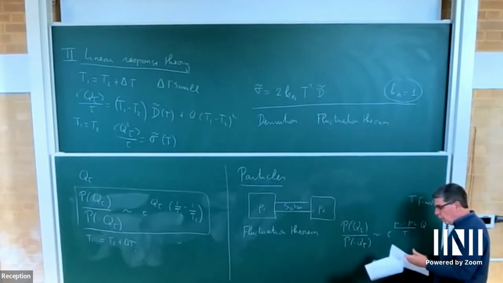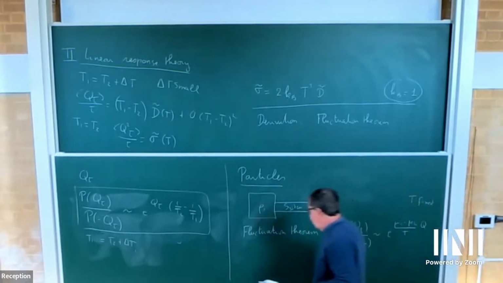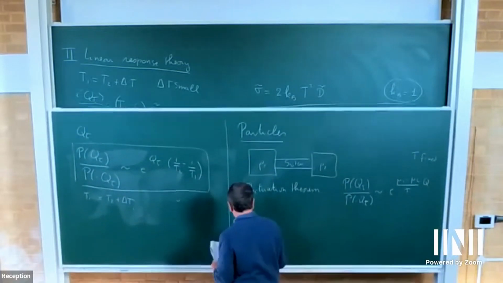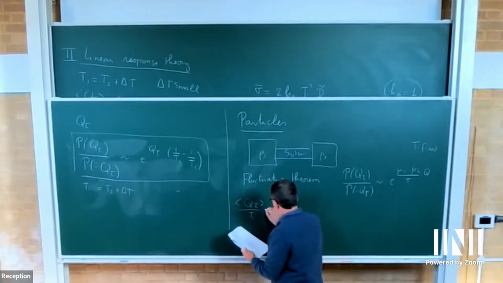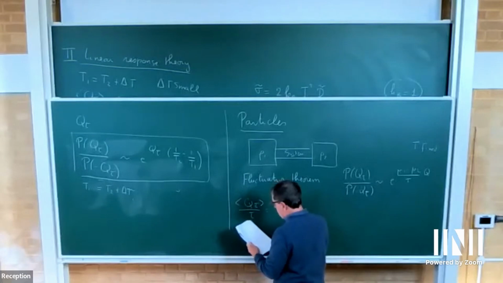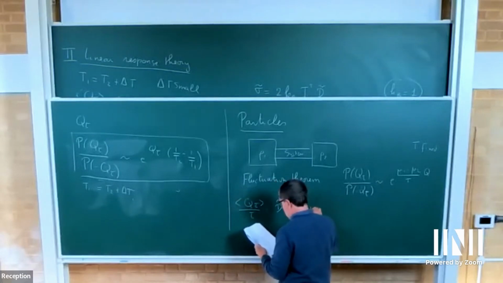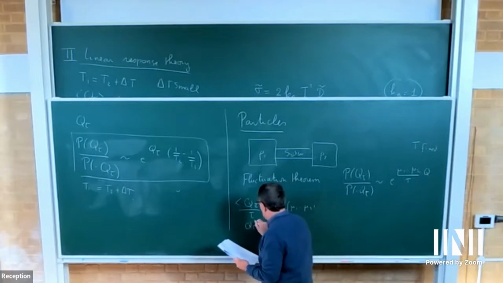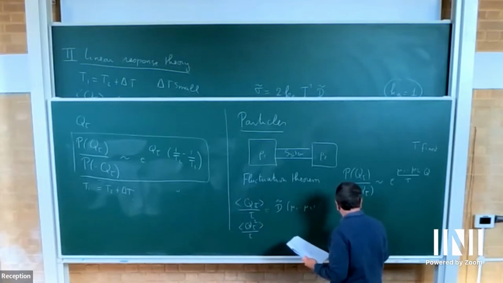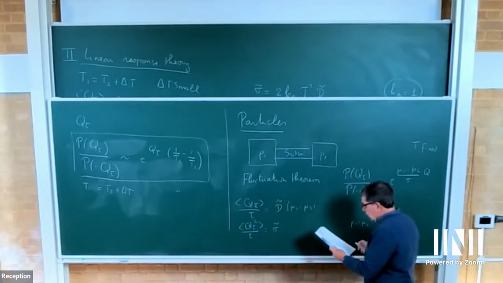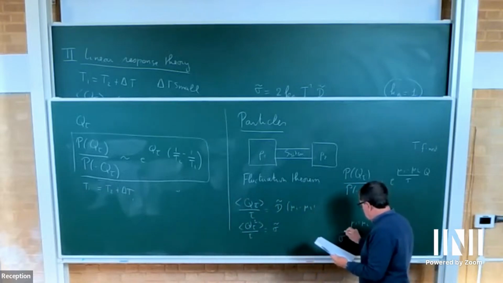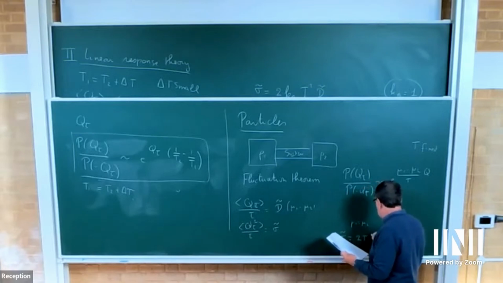You can repeat the same, and then you find the average current is sigma tilde times V1 over V2, where when U1 equals V2 in sigma tilde, we have that sigma tilde is 2T times D tilde.